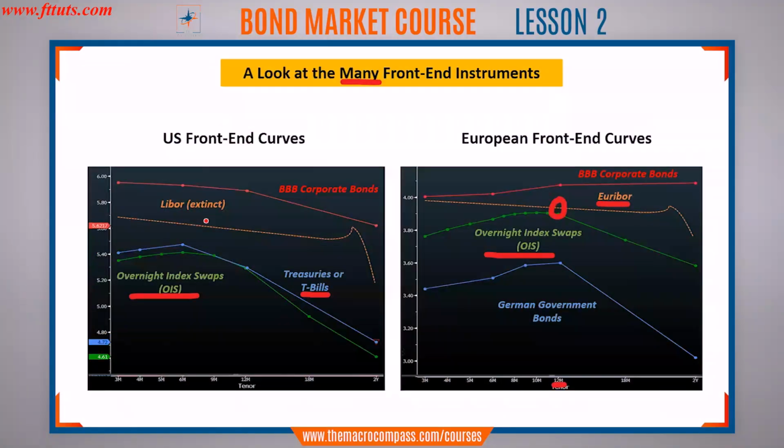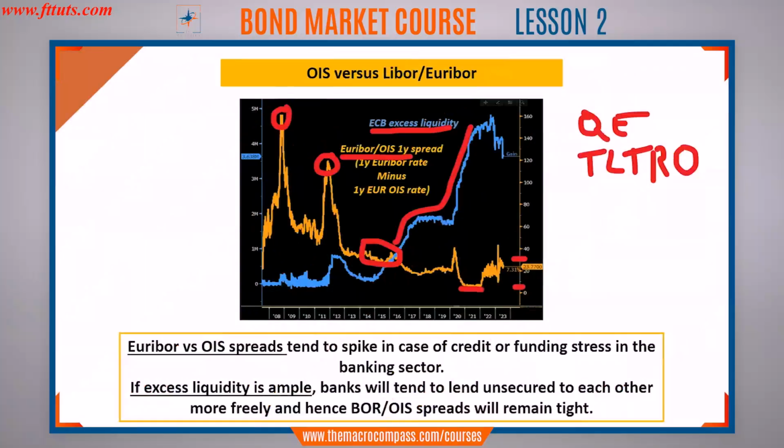If you were trying back then to extrapolate market expectations for risk-free rates by looking at Euribor, you were making a major mistake, because you were looking at a rate that reflected a lot of credit, funding, and plumbing risk in the system, rather than just reflecting risk-free rates, which is in the end what you're mostly interested in here.